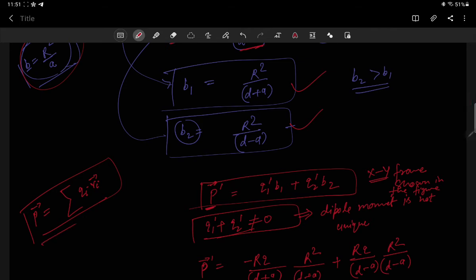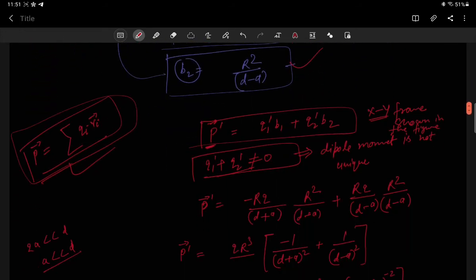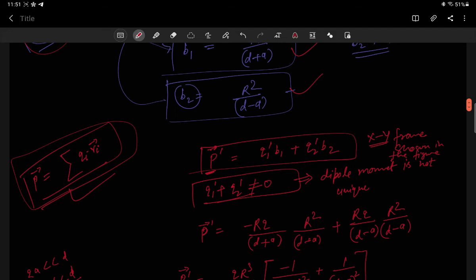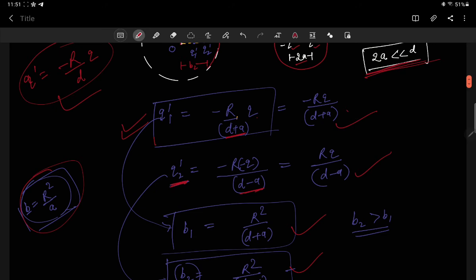Now our whole game is to calculate the dipole moment. The general formula to calculate the dipole moment is this, but here the dipole moment calculation is not unique because the total charge of the image dipole is not zero. Here q1 prime plus q2 prime is not equal to 0, since these two charges are not equal and opposite.